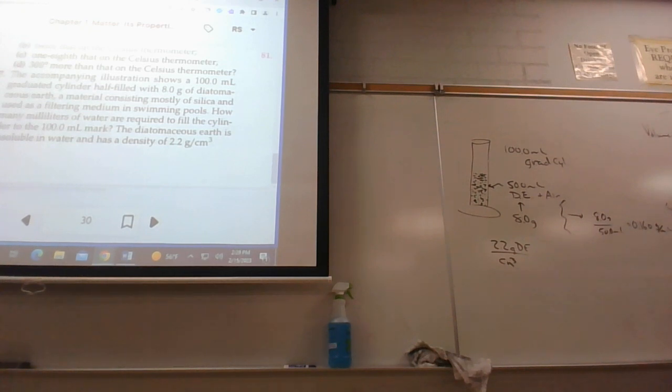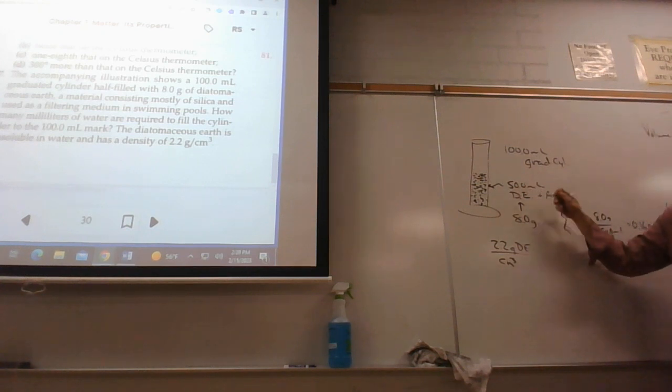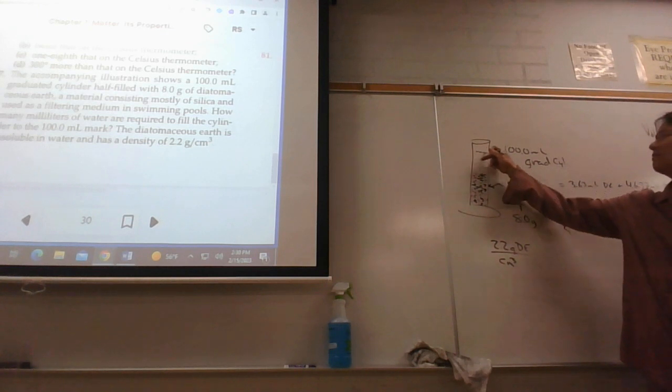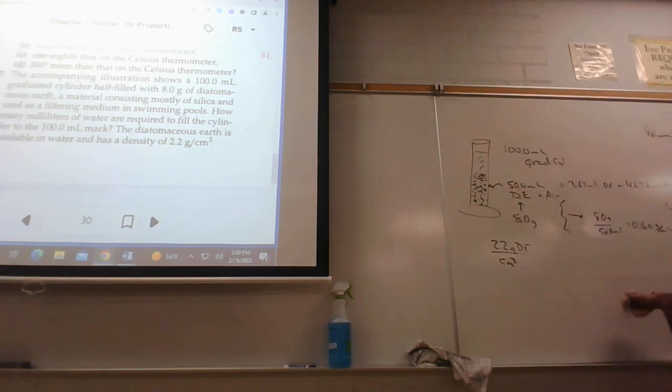So what that means is that this 50 milliliters is equal to 3.63 milliliters of diatomaceous earth plus how many milliliters of air? 46.37 milliliters of air. Plus we have 50 milliliters of empty space above here.